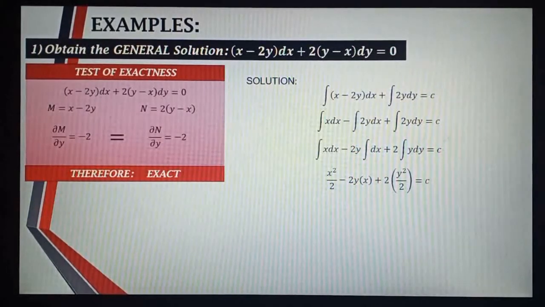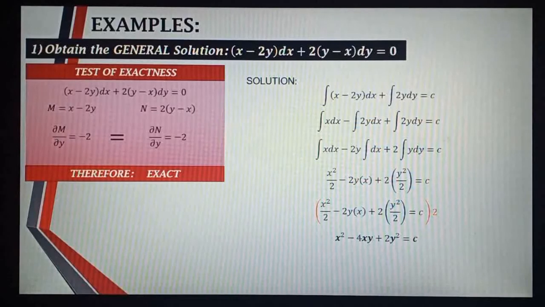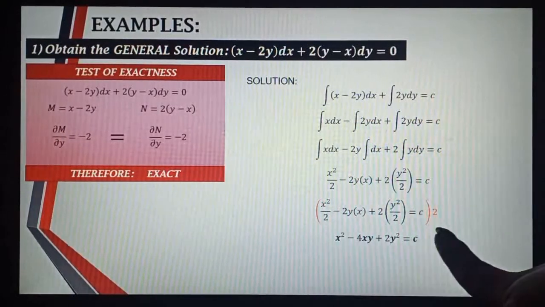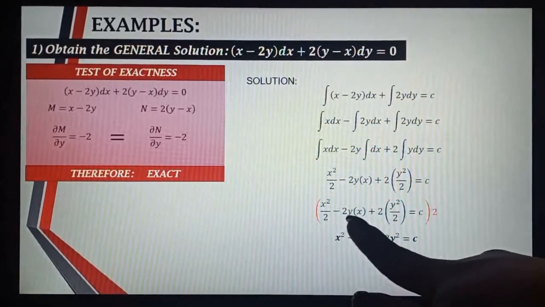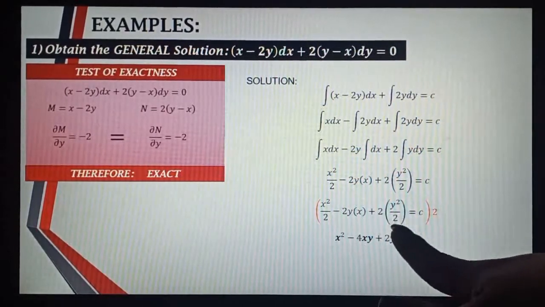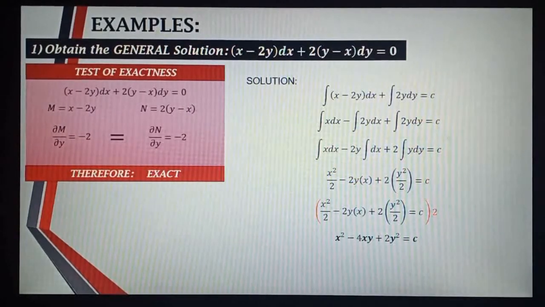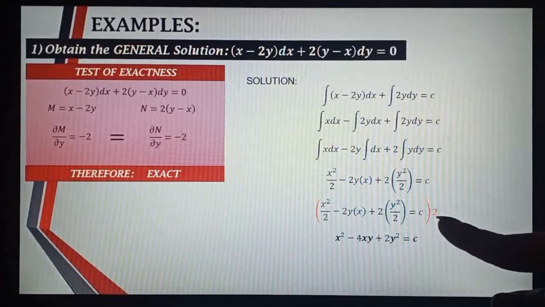Then simplifying the equation by multiplying it sa 2, you will now have an equation of x squared, then negative 4xy, then plus 2y squared equated to c. This is 2c.